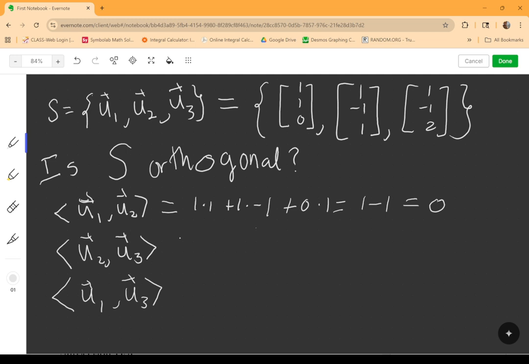Now, if at any point one of these inner products is non-zero, you can stop there and the set will not be orthogonal. But we'll keep going in the absence of that.